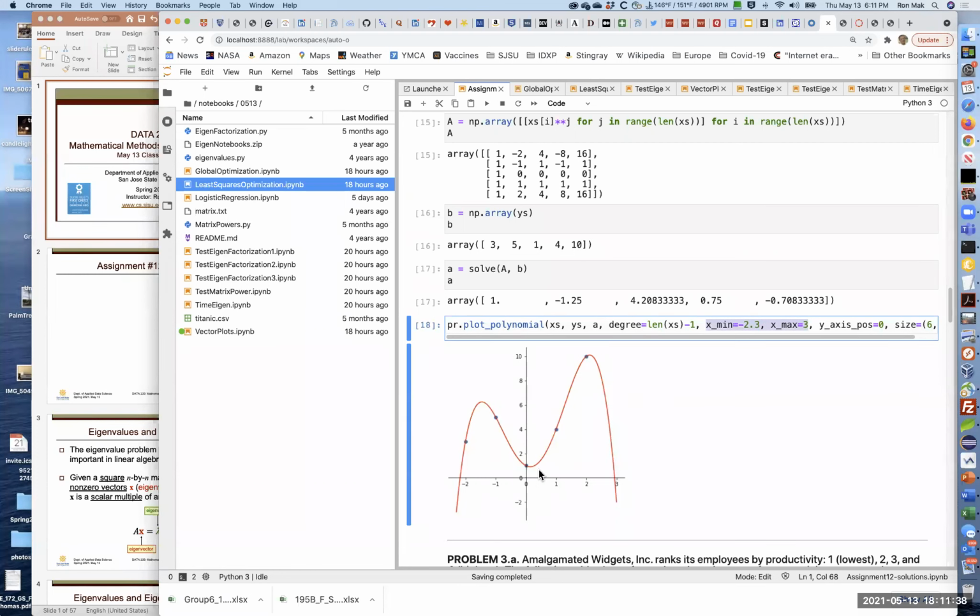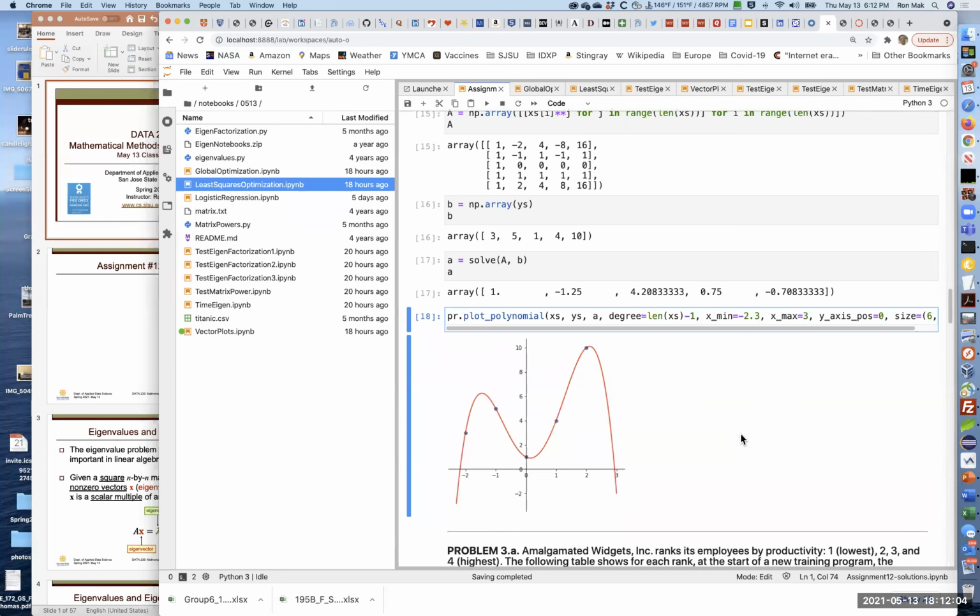It turns out that these two values work. I did just try a few numbers, and with Python, it's so easy to do these things now. You didn't have to plot it by hand to see if it came out looking nice. Just play around with it until you get something that looks nice.